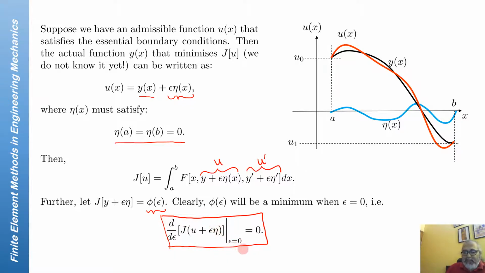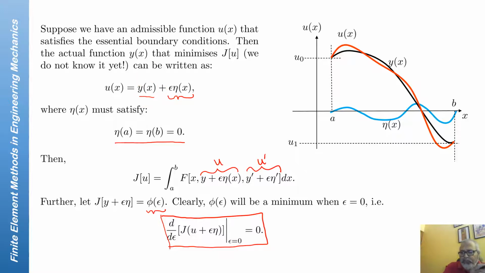The minimum is at epsilon equal to 0. So this identity has to be valid. Please stop here for a moment and think about this statement. All that I have written is an identity which is always correct. So this identity has to be handled in order to find out this unknown function y(x), which minimizes J(u).